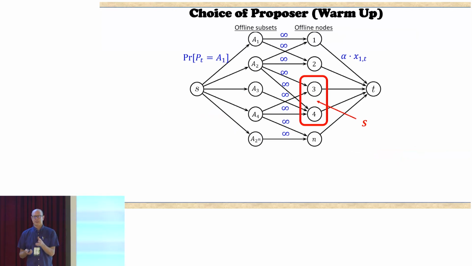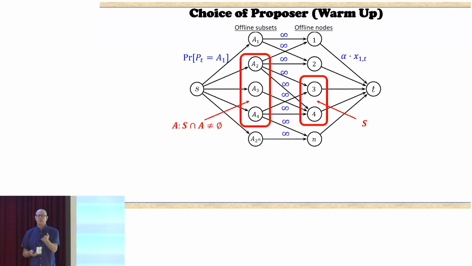And on the right side, we have the offline nodes. The offline nodes go into t with capacity alpha times x_it. Alpha now is 1 minus 1 over e. And the capacity from the source into all possible choices of offline subsets is just the probability that P_t is equal to the subset A_i.